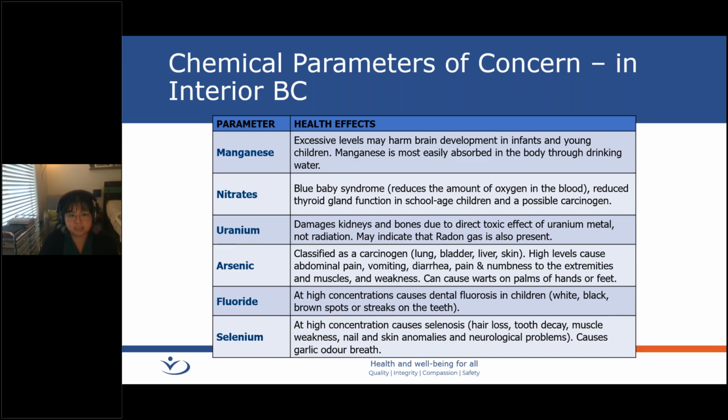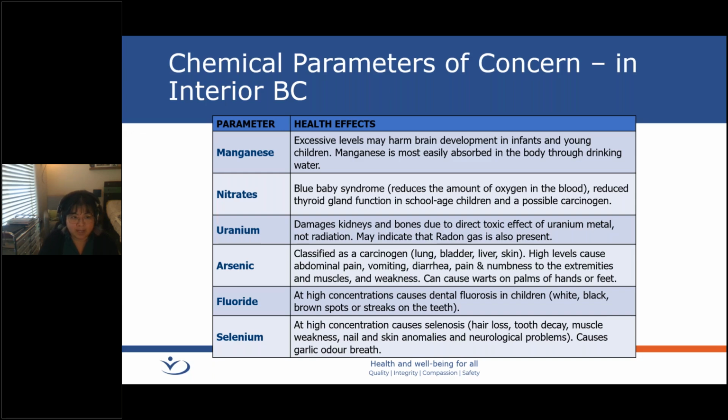And manganese is essential in the human diet, but high levels in drinking water may increase the risk of harming the brain development in infants and young children. And manganese is mostly easily absorbed in the body through drinking water.